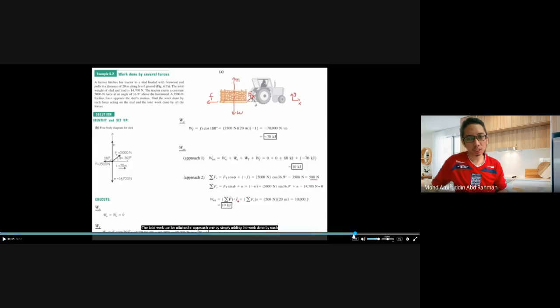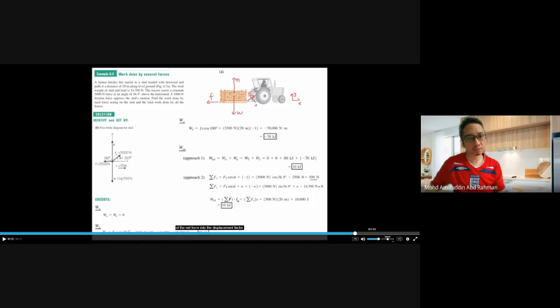For the second approach, you first find the total force, and then you multiply with S to get your W total.